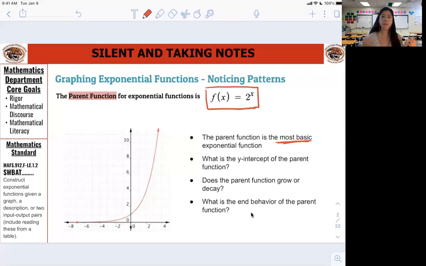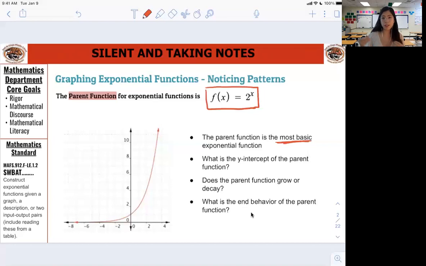It's positive. It's what we like to compare everything to. So throughout today's class, I'm always going to be asking you, how does this compare to the parent function? We always want to think about the parent function as the OG, the original. Every other exponential graph is just adding to the parent function, multiplying the parent function, making the parent function negative.